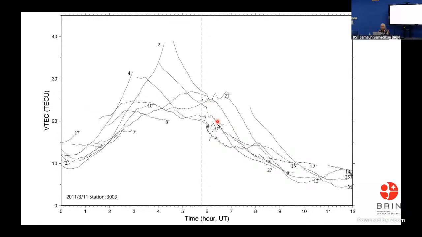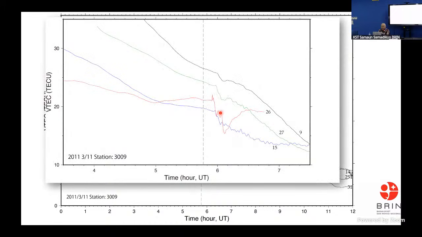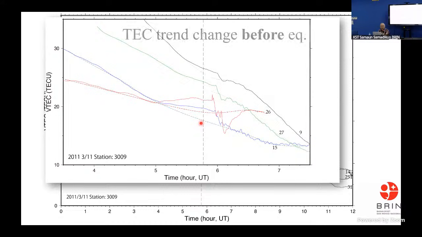And now you see many co-seismic disturbances here. And also you see some change before the earthquake. There's a change in trend. And if you add a reference curve, you see there is some positive anomaly before the earthquake. So this is, I think, related to the earthquake.